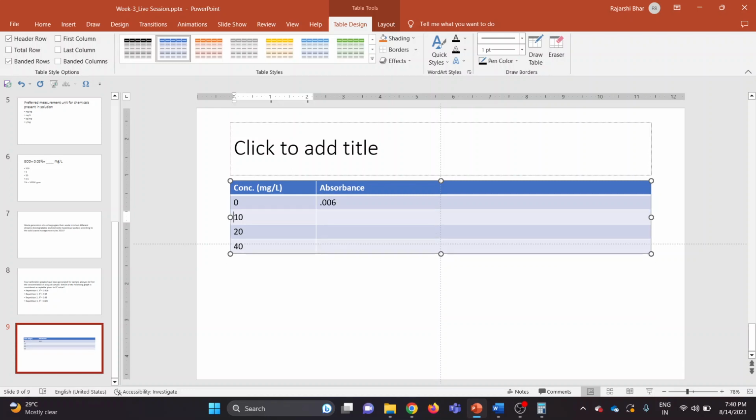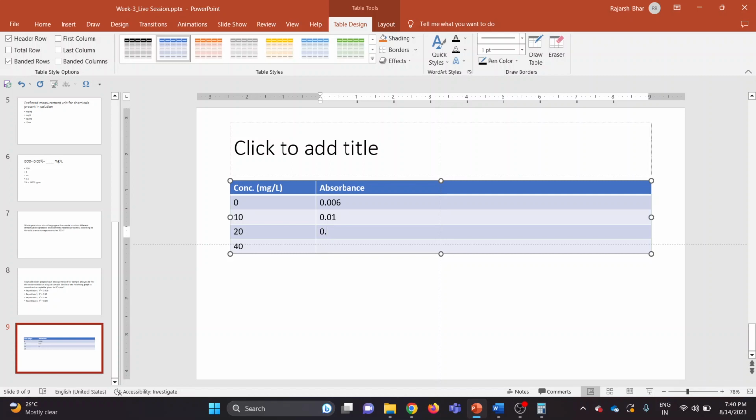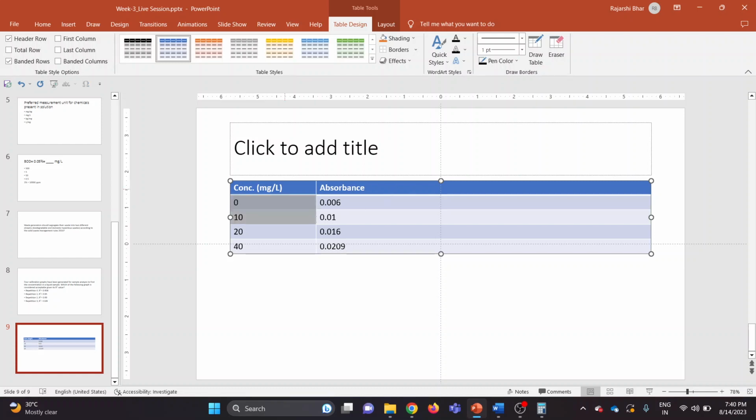Then I get, so these are, let's say, the absorbances that we got. These were the known samples, and we got these results from the instrument. So I will plot a graph.